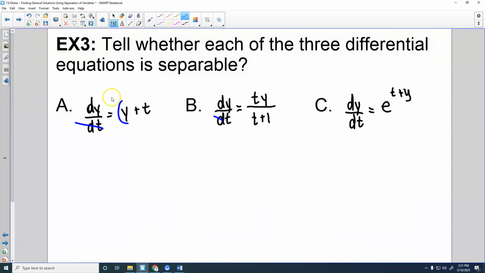All right. Okay, now, not all differential equations are separable. So, for some of these, you can't solve them. Now, they can be solved. I'm sure there's some that cannot be solved. In this class, we only look at first-order separable differential equations.